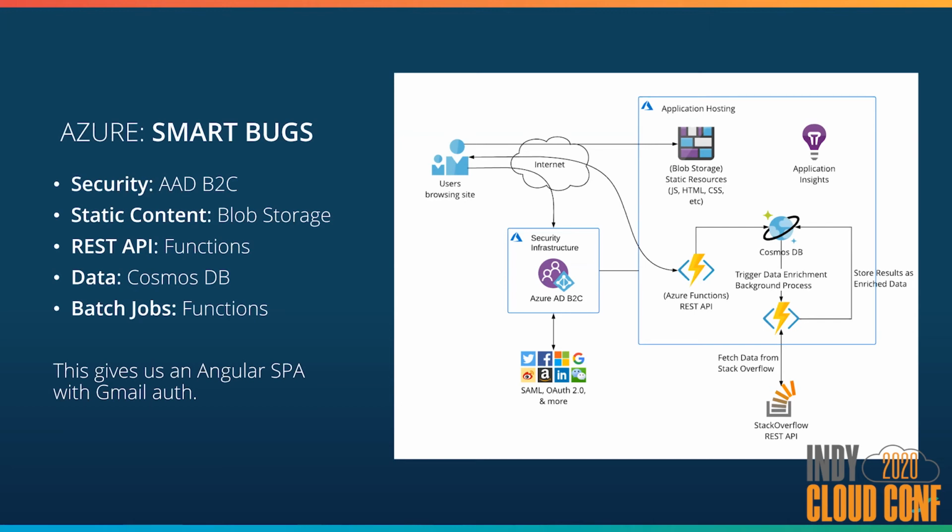And then from there, we have performed step one of how we describe this application. The dev or tester logs a bug in the system. Once that's done, Cosmos is going to fire an event to a background process that's also hosted in functions. Now, previously I said we're using functions for a REST API, which we are, but functions can perform other things as well.